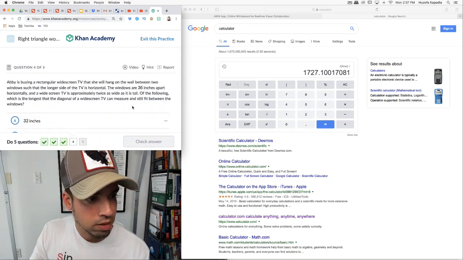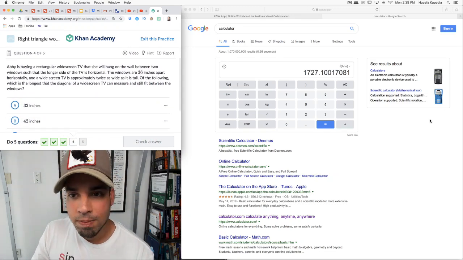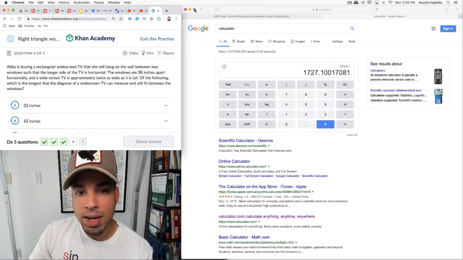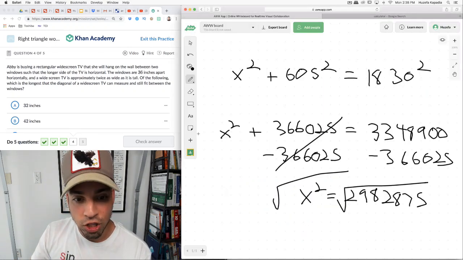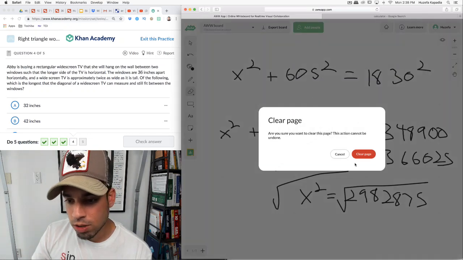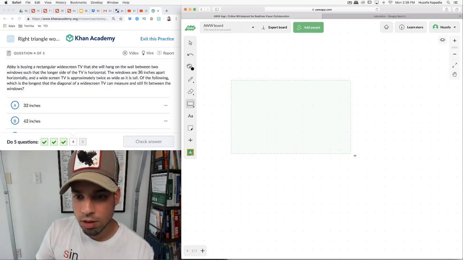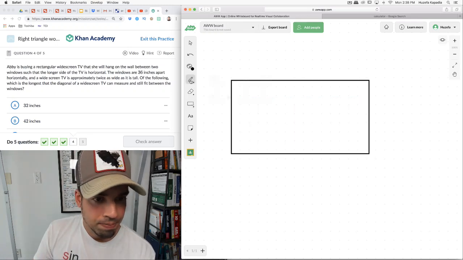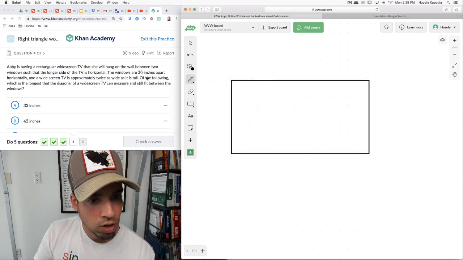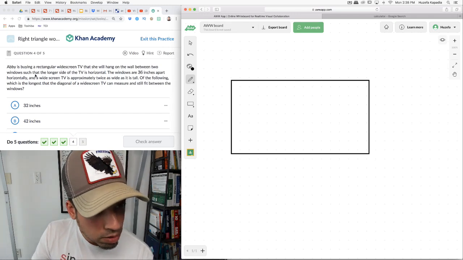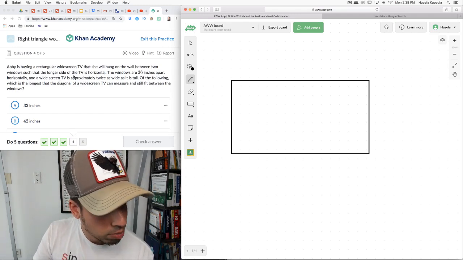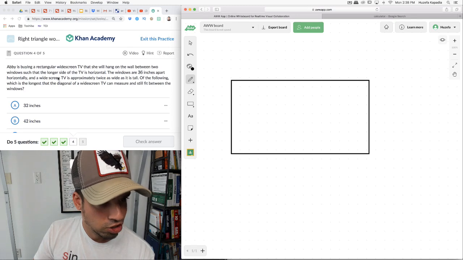All right, boom. Next. Again, this one you notice right off the bat they're giving a shape, but they're not giving a diagram. So the first thing we're going to do is create a diagram, create a rectangle. Abby is buying a rectangular widescreen TV that she will hang on the wall between 2 windows, such that the longer side, yeah, of course.